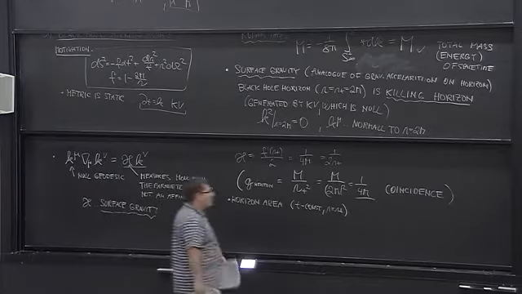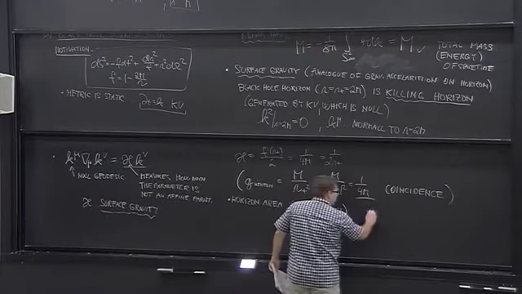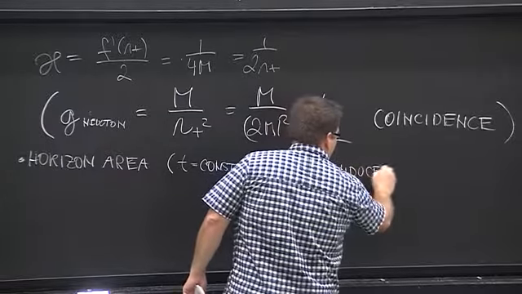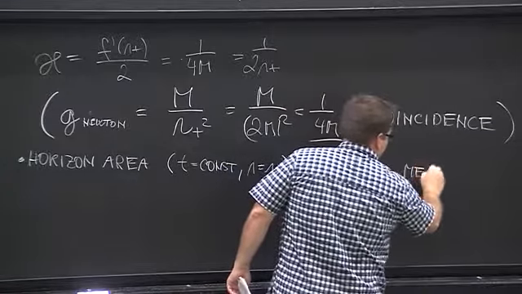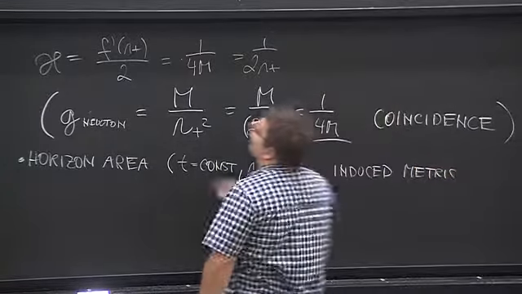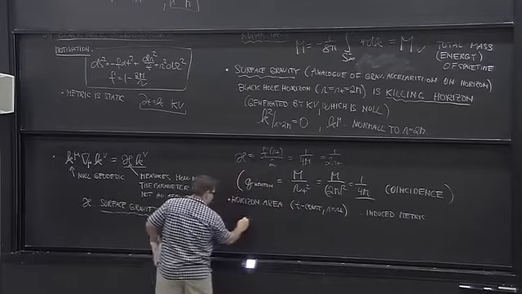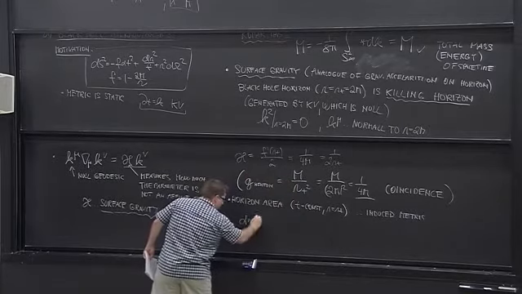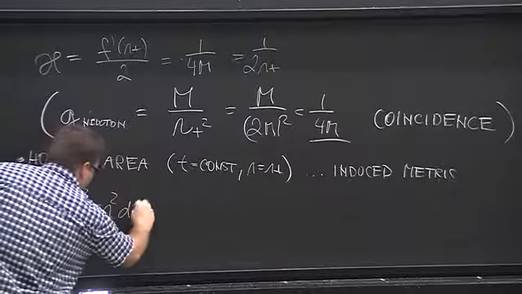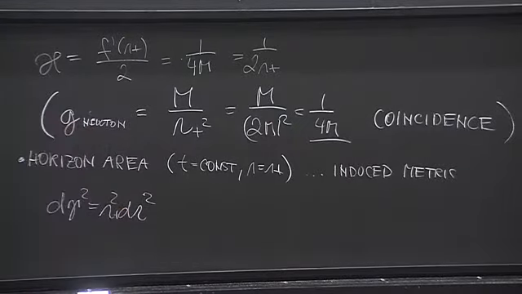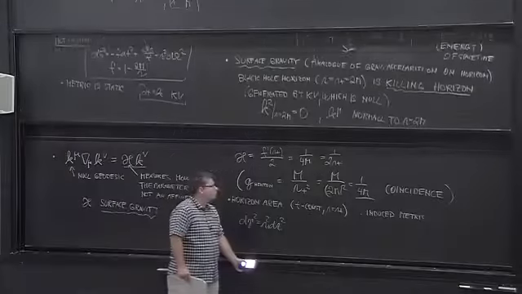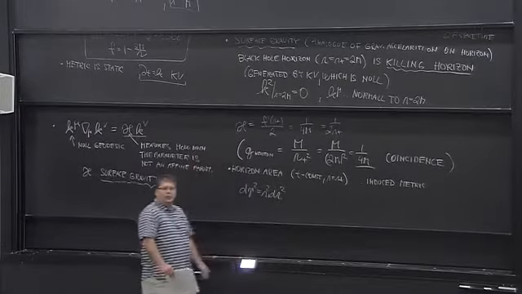So now I have the induced metric. The induced metric on the horizon is simply, I just plug these two into my full metric. So dγ² is simply r² dΩ², and r I evaluate at r plus. So it's r plus squared dΩ². And so what is the corresponding determinant of this metric?